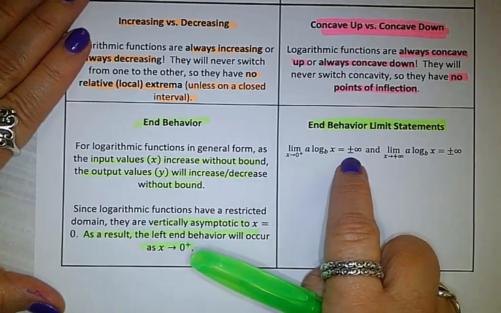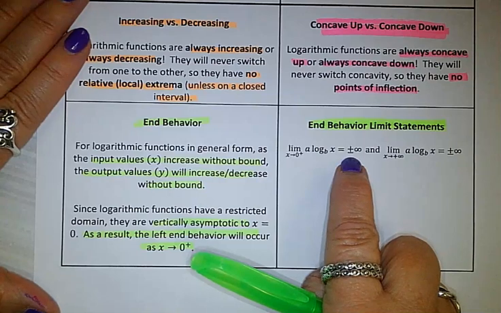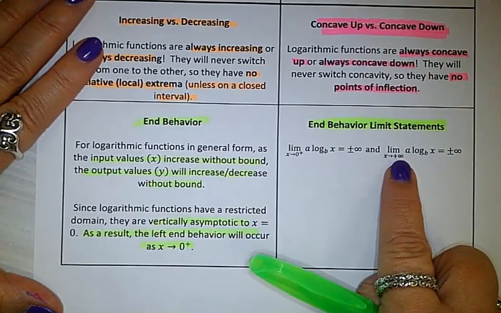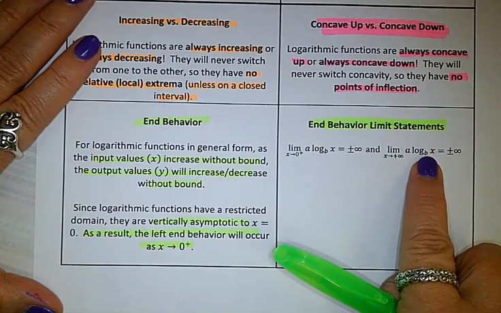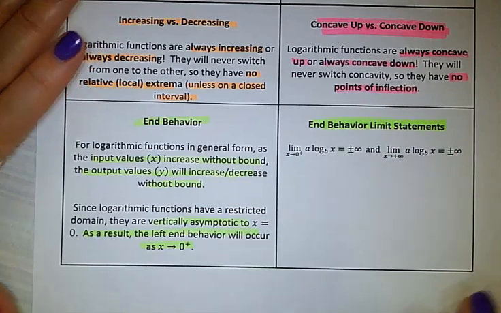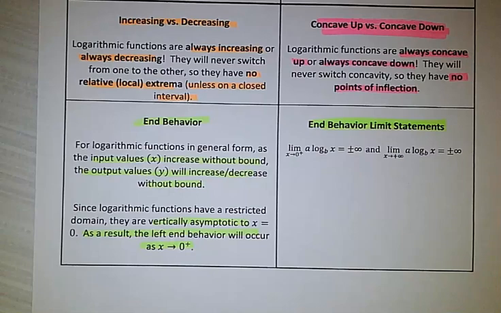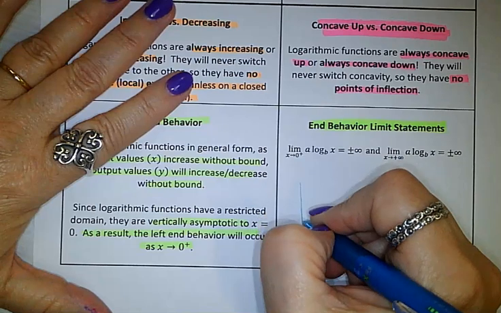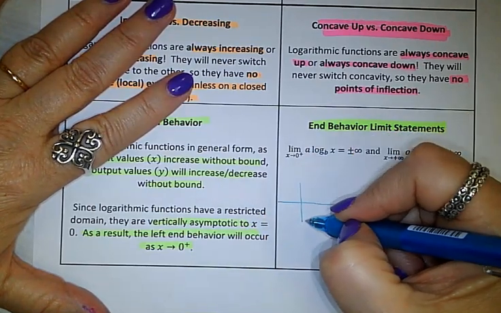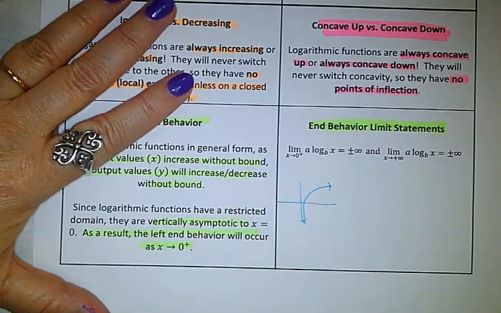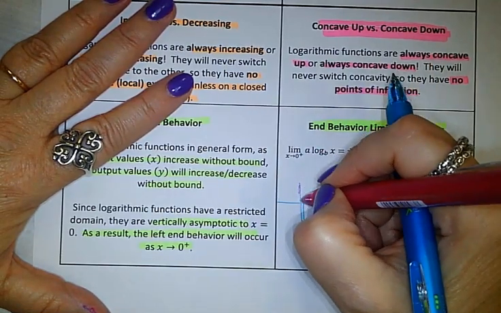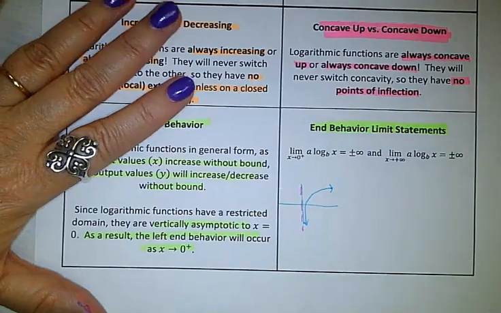We are focusing these statements to go from the positive direction to 0 of this function. Then the other end is either going to go to infinity or negative infinity. And as we approach positive infinity of this log function, that end is either going to go to positive infinity or negative infinity. So let's think about this graph right here. It roughly does this, as a logarithmic graph, and has a vertical asymptote right here.